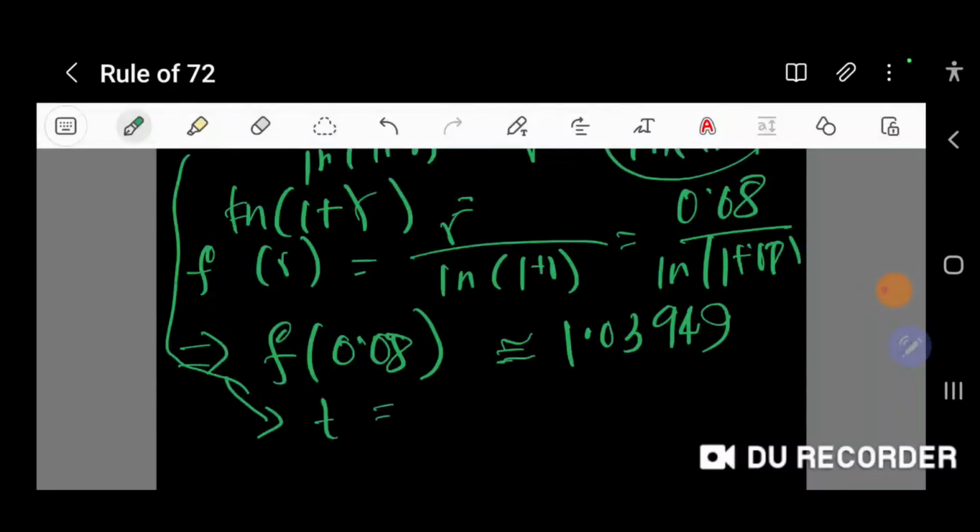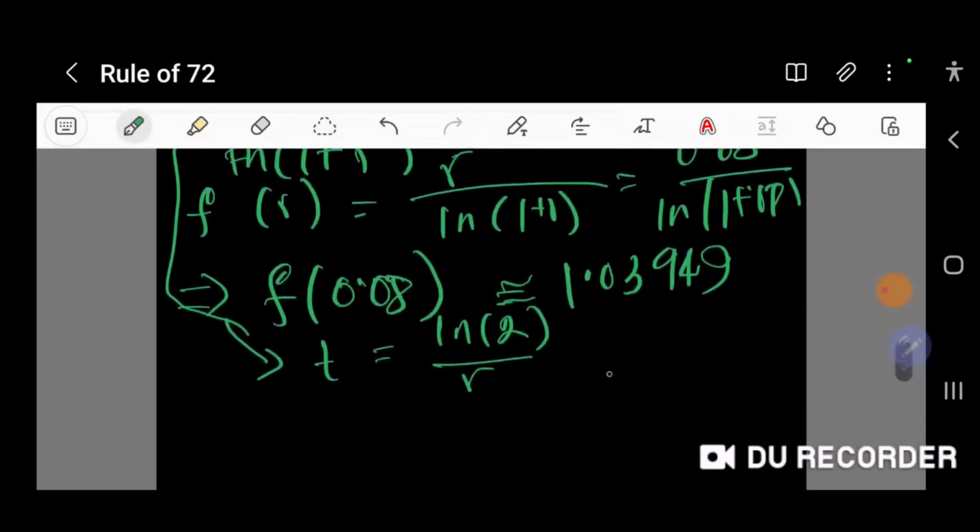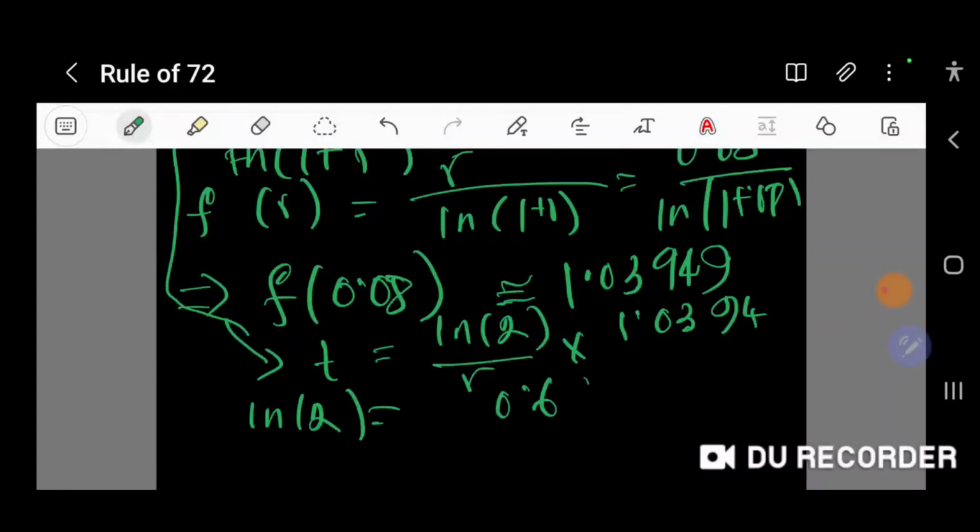So from this equation, T is equal to ln 2 divided by R times this particular factor, which we just calculated at 0.08 as 1.0394. And ln 2, in a calculator you can see, is 0.6939, I believe.